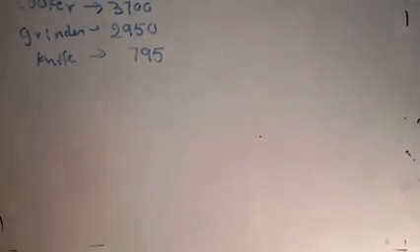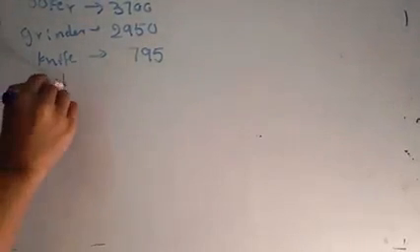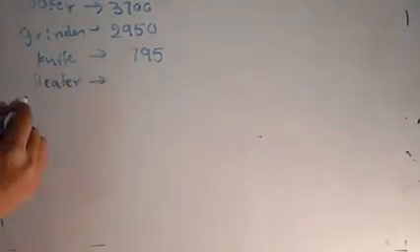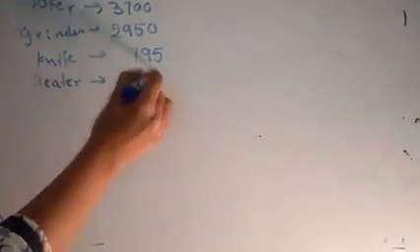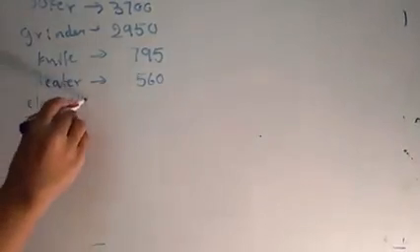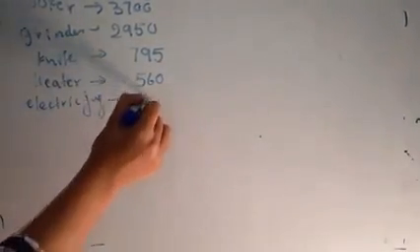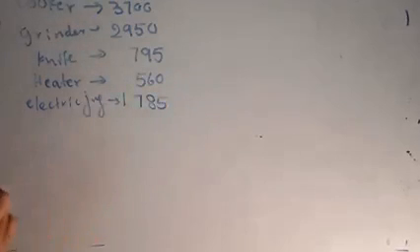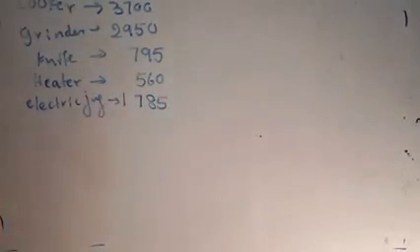The heater is 560 rupees. Then the electric jug is 1,785. Okay, Radha bought a rice cooker and gave a 5,000 note to the trader.